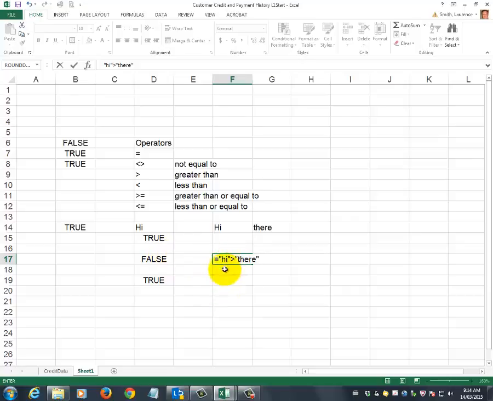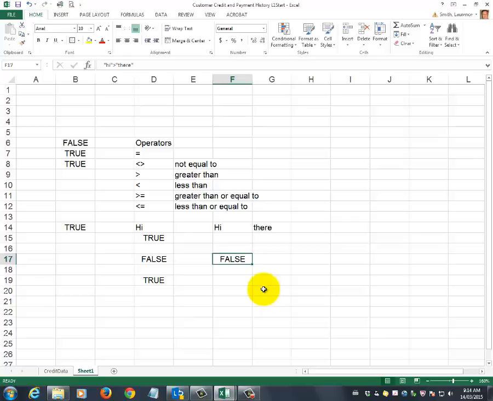I've got the word hi before the operator and there after the operator, and so that can be resolved as a logical, as a true or false. Before I press enter, what do you think the answer is going to be? Is hi greater than there? Think about it. You ready? False.